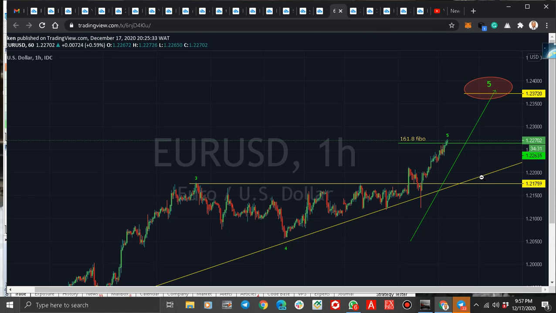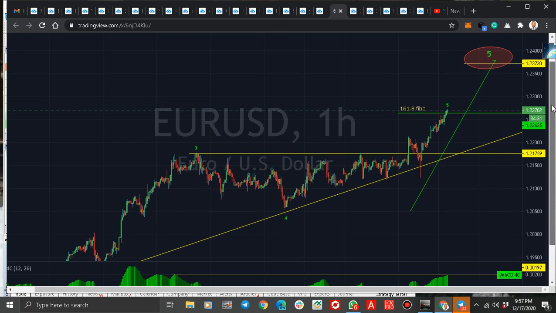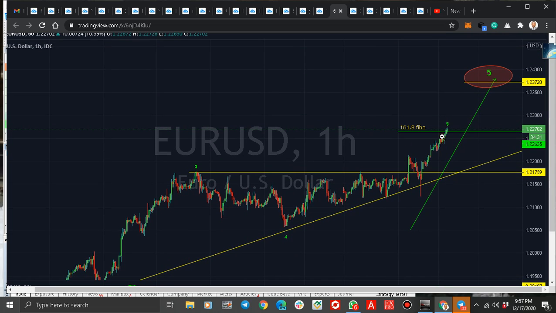Then another 5 waves to this place before we will begin to have a very nice sell. I'm expecting a move towards this very area, 1.237. I'm expecting another move up. But before then, we will likely see a correction in 3 waves.